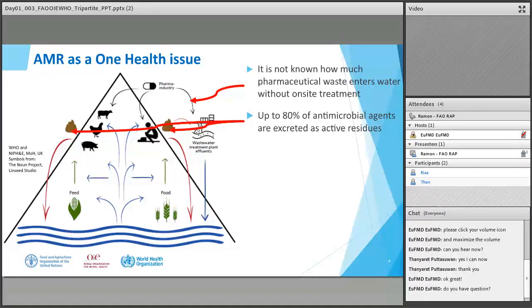Up to 80% of antimicrobial agents are excreted as active residues, both from humans and from animals. So even though we take them and excrete them, they are still active within the environment. 14% of humans globally are carrying ESBL-producing E. coli in their feces from the data that is available.